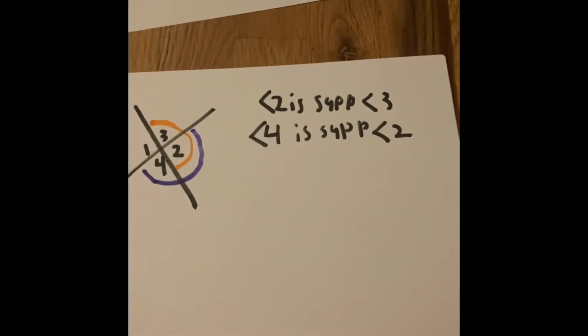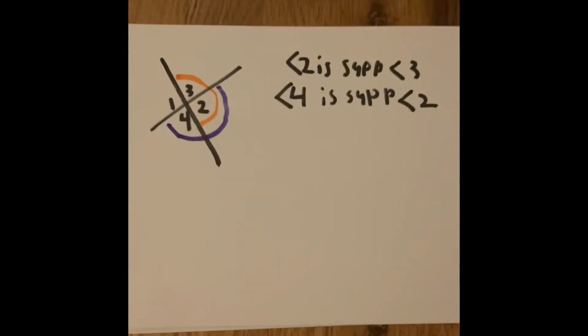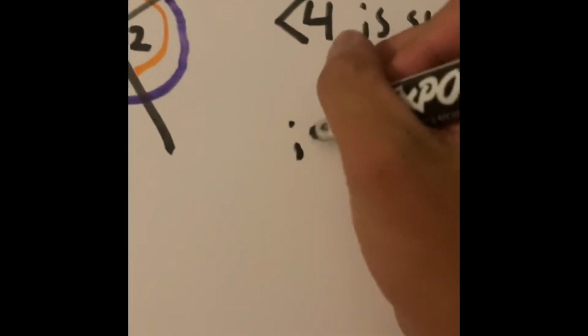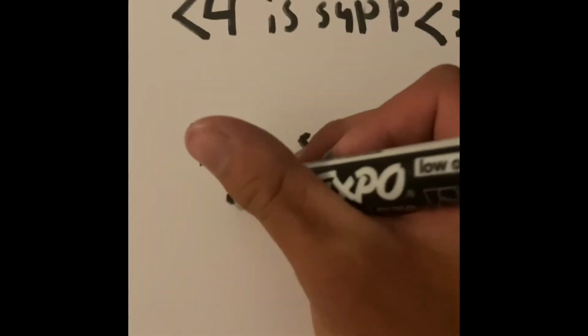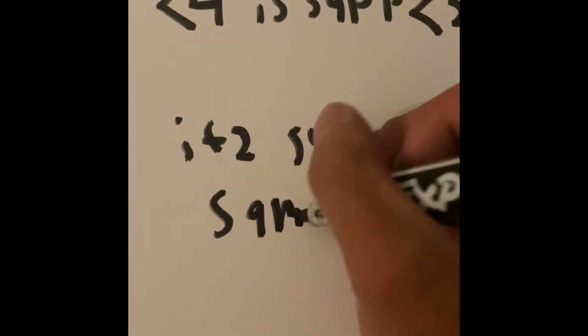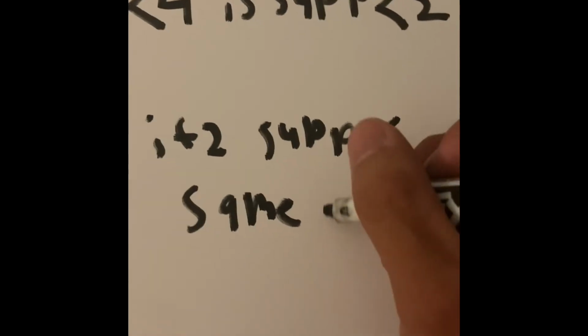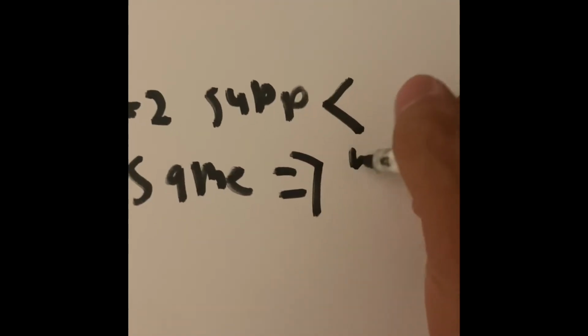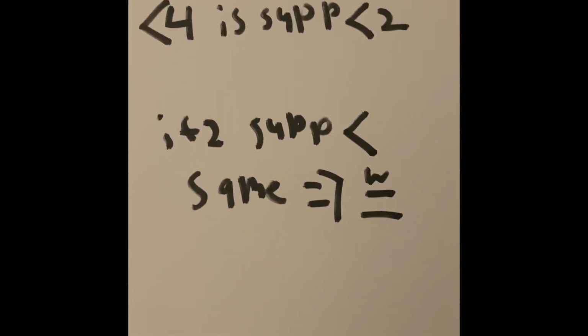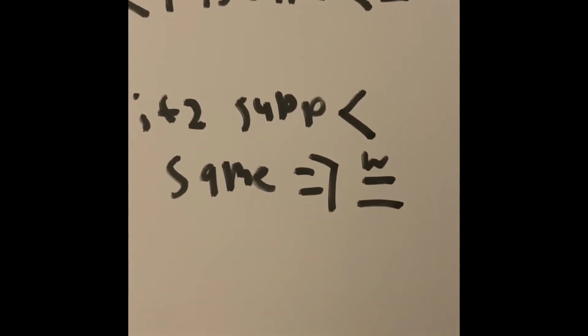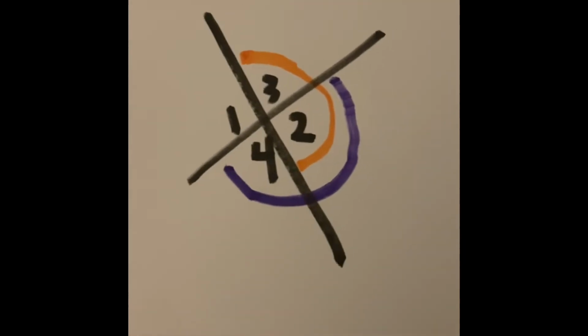So what we can say as a theorem in this part is: if two supplementary angles are on the same angle, then they are congruent.